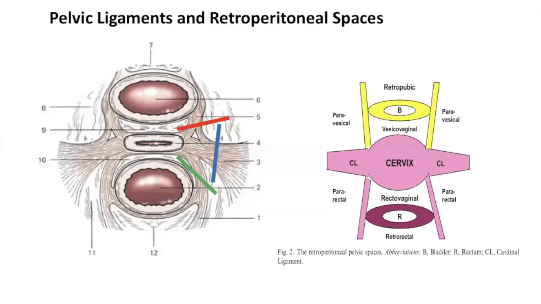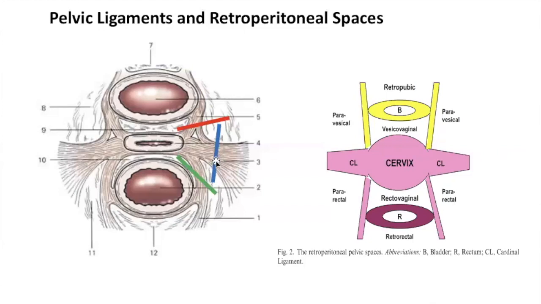Now, if we look at the diagram on the left, you will see that the ligaments and retroperitoneal spaces can be seen. The points where the ligaments are transected or divided are represented by the following colored lines. The uterosacral ligaments, and where they are transected during the radical abdominal hysterectomy, are represented by the green line.